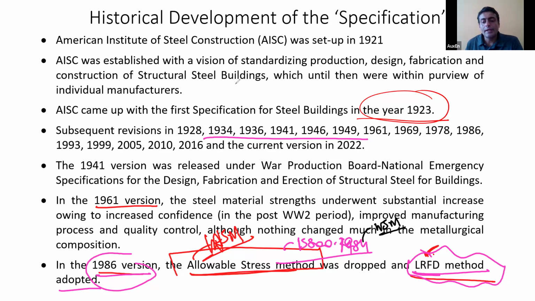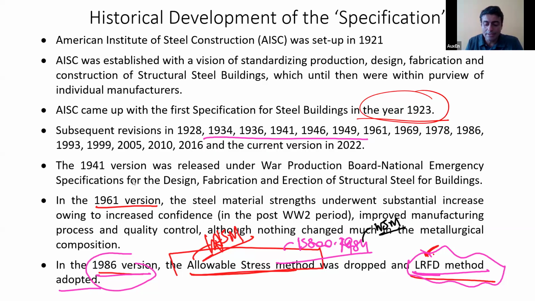So if you remember, in the 1984 version, there is not much talk about section classification, or about the limit states of buckling or torsional buckling, or about the local buckling behavior, local failures. There's not much talk about it in the 84 version.